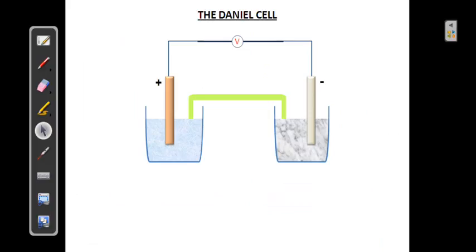So another type of cell in the Voltaic series is the Daniell cell. Now if you look at this diagram, you'll see this kind of U-tube, a different kind of U-tube, where it is actually like a bridge joining two containers of electrolytes.